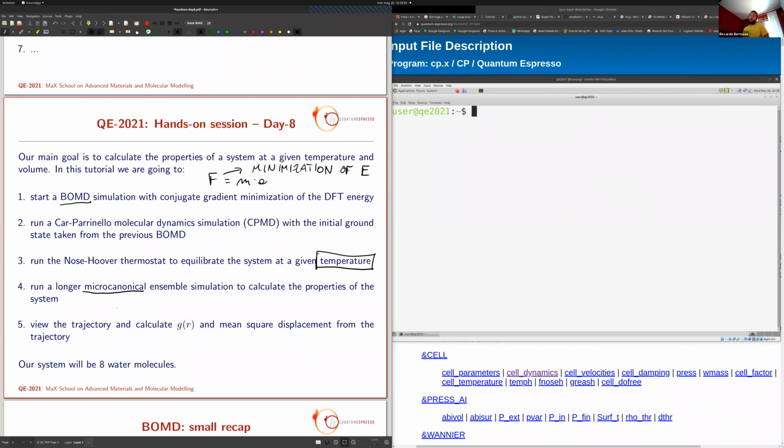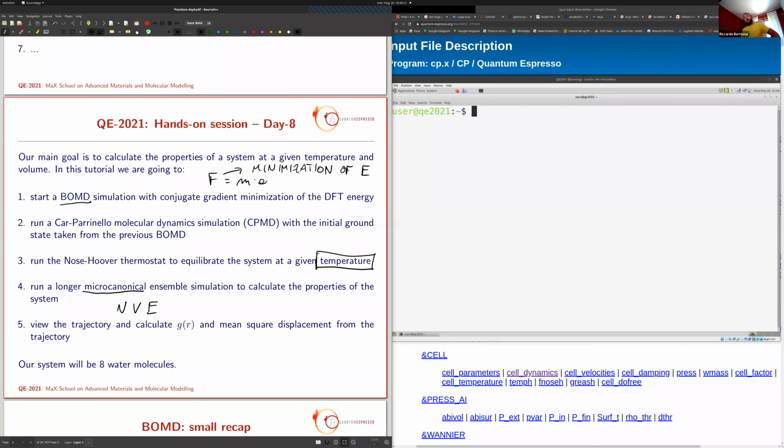That means fixed number of particles, volume, and energy, where by energy I mean the kinetic energy of the ionic degrees of freedom plus the potential energy, that in our case will be the potential energy calculated with density functional theory.